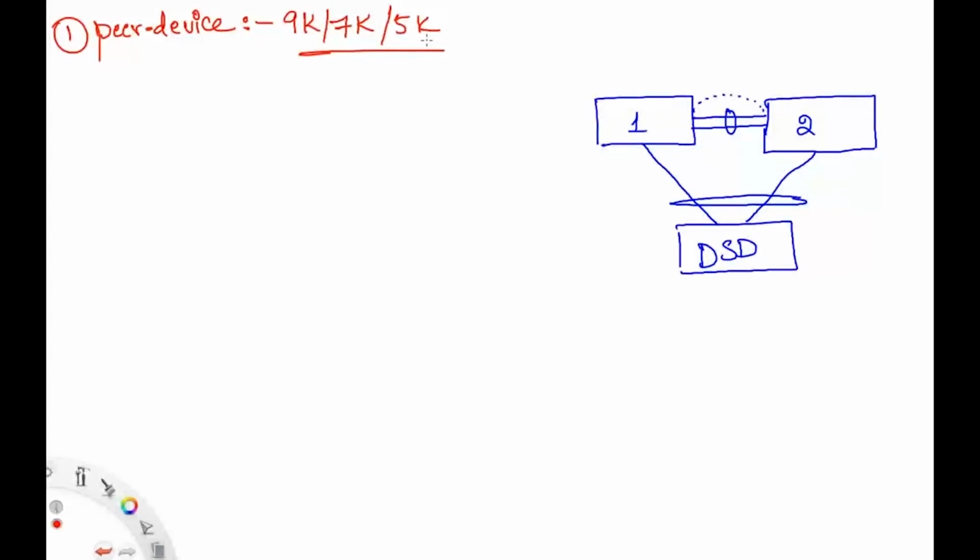When you are using VPC, first thing is please be considerate about this. The two Nexus switches must logically appear as one, right?